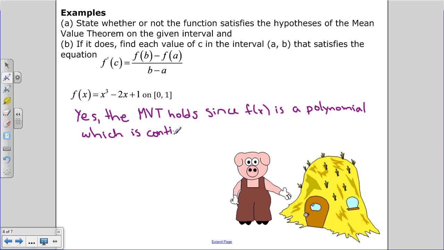Right, there's no denominator to ever be 0. There's no square root. And so there's no places where this function can be undefined. Also, there's no place where the derivative can be undefined because your derivative is also a polynomial.